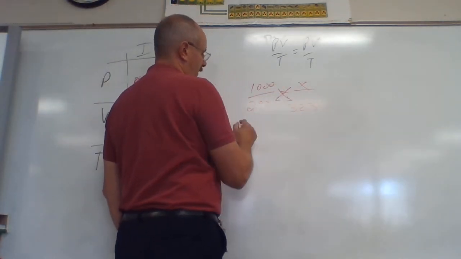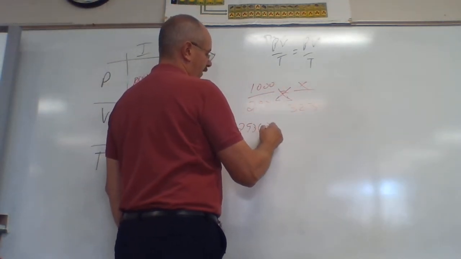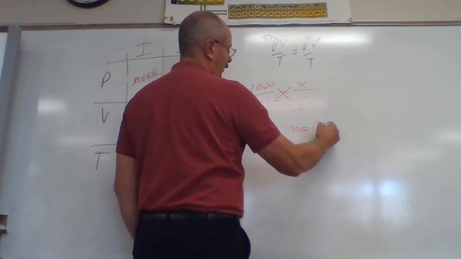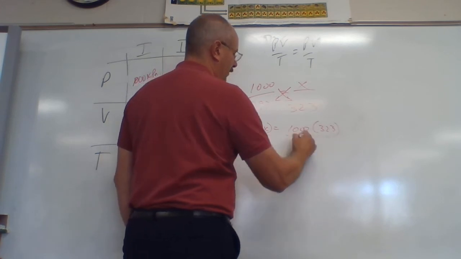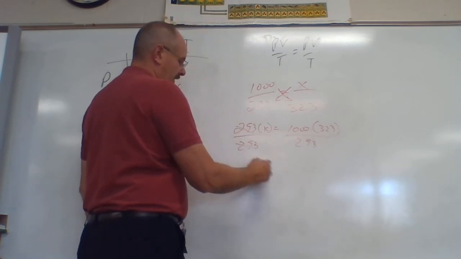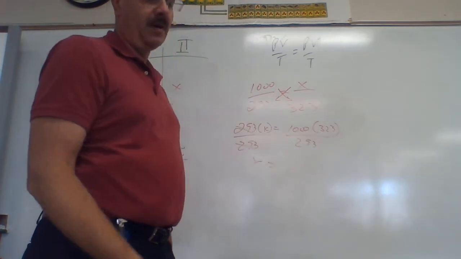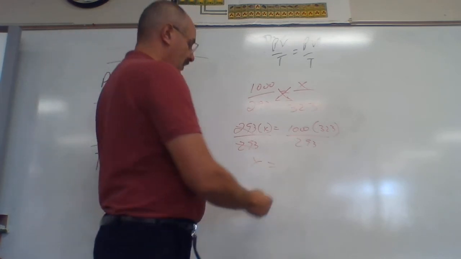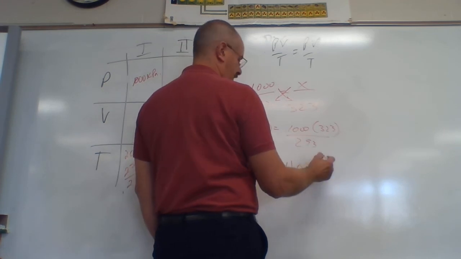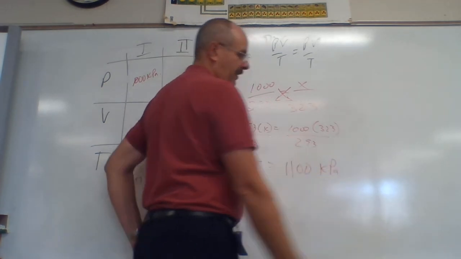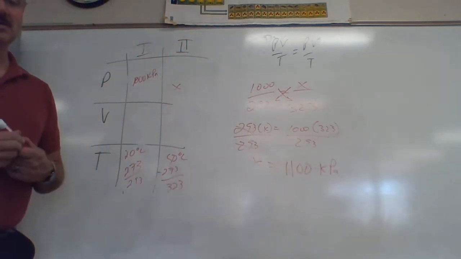That times that, and that times that. 293 times X equals 1,000 times 323. Divide by 293, divide by 293. That gets X by itself. And if we solve that, we should get an answer of about 1,100. And that happens to be kilopascals, what we're trying to find out. So that's what we should have for that one.